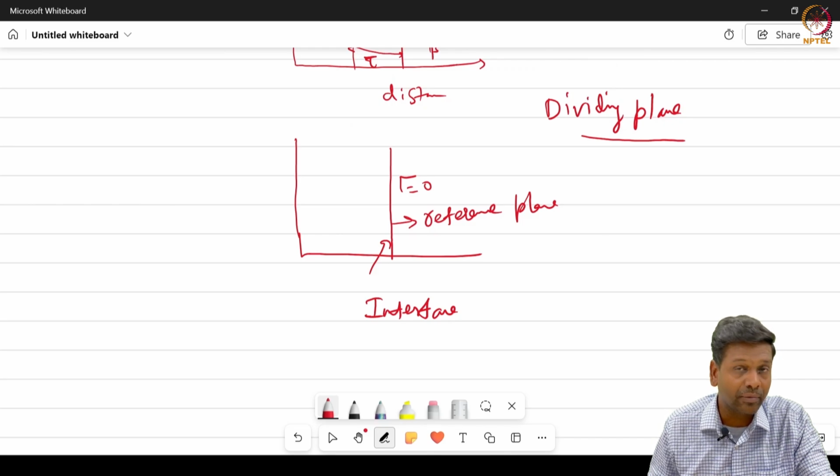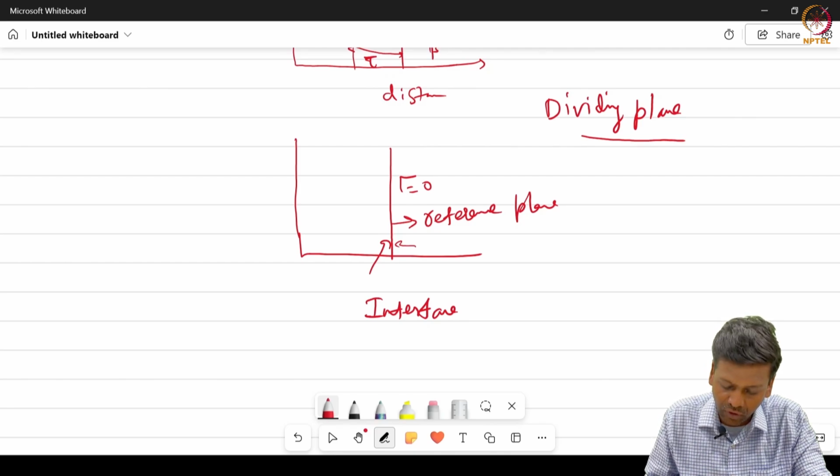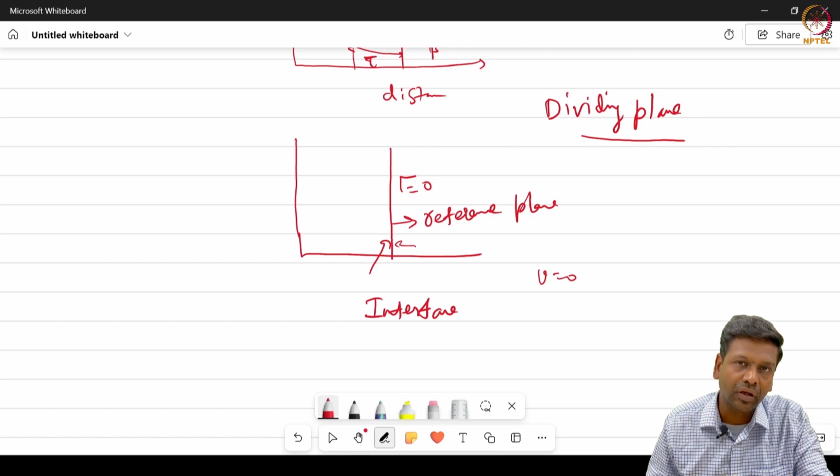Since it is a very thin layer, mathematically we can refer to that plane as a plane in which the volume doesn't exist. Mathematically, the volume doesn't exist, so V is equal to 0 in that case. It's a very thin plane. Mathematically, there is no such boundary, but in reality it exists, right?